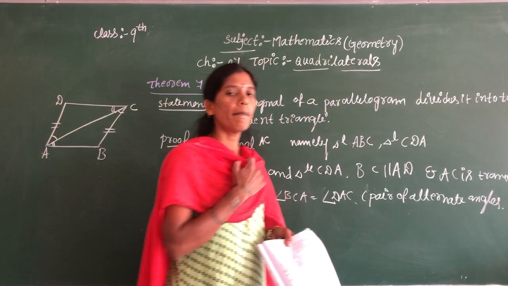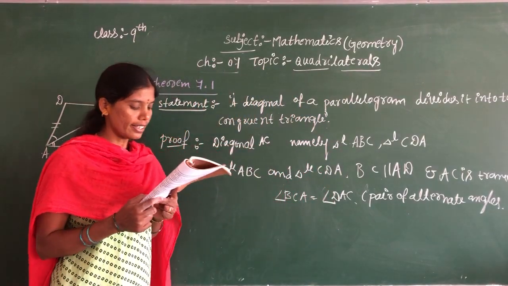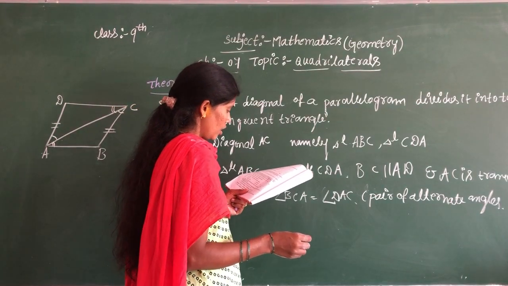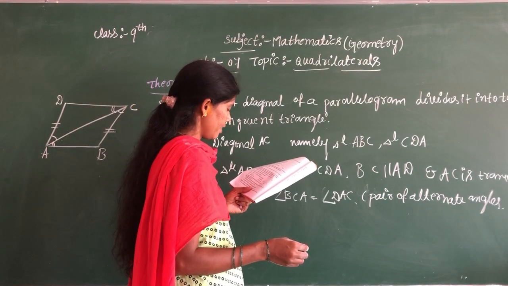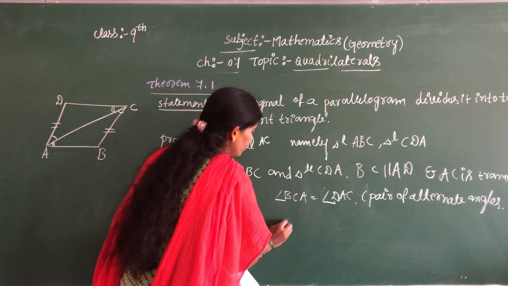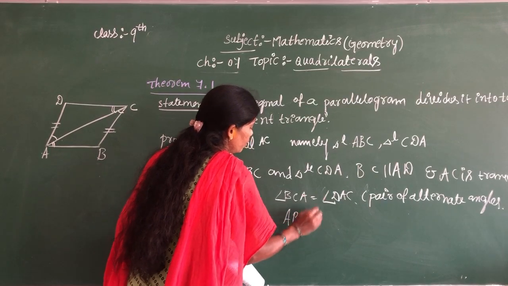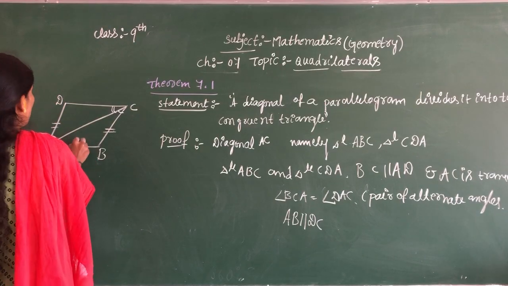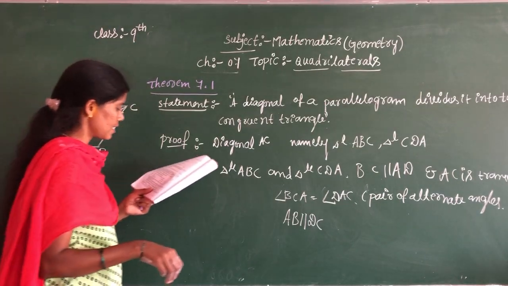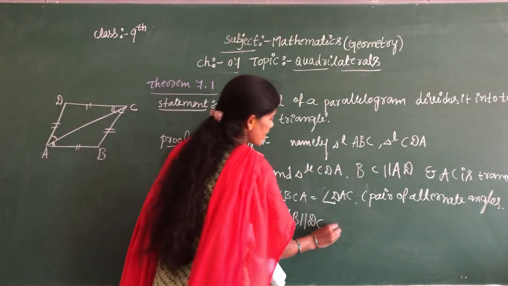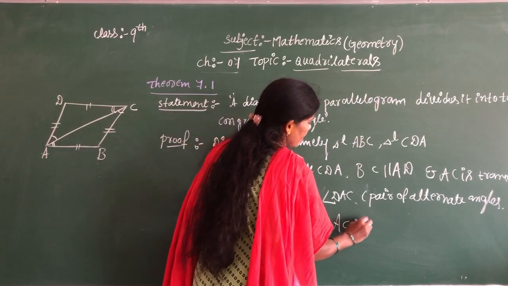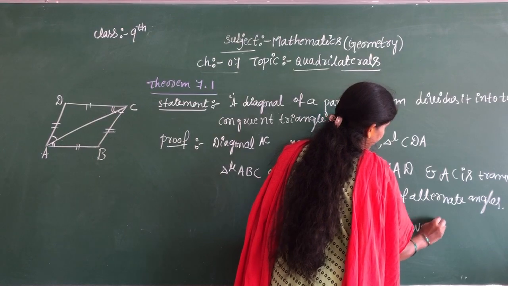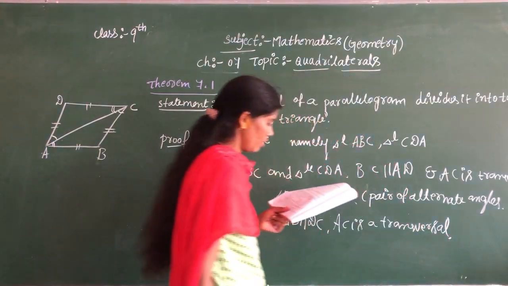Okay, children, a pair of alternate angles. And AB is parallel to DC, and AC is a transversal.